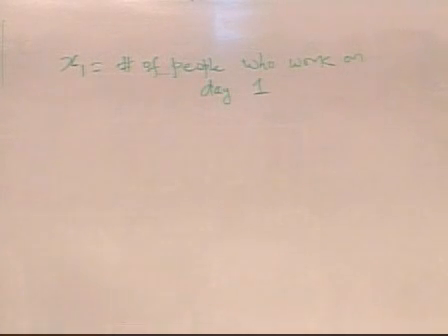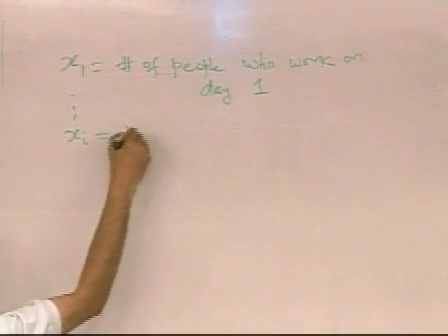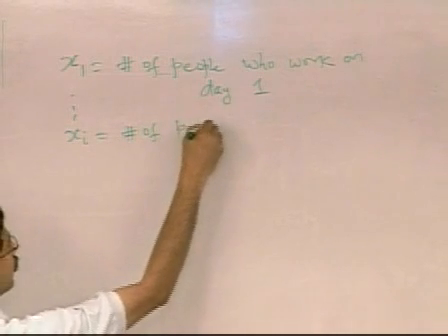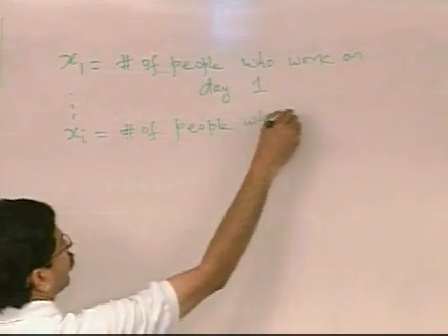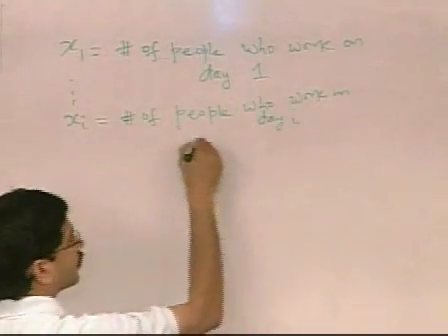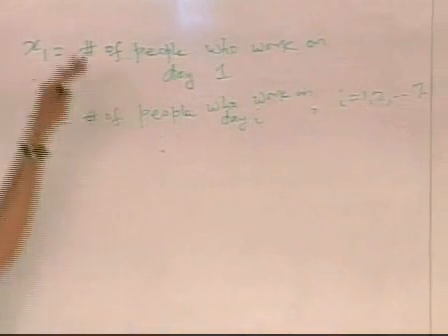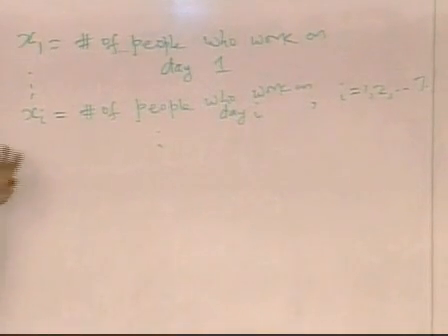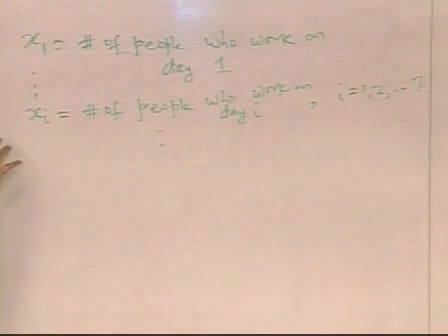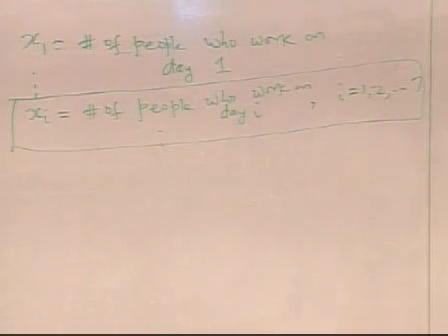And in general, xi is going to be the number of people who work on day i. Instead of writing 7, you can just write this. This is just notation, a short form saying that you have 7 of these. So these are your decision variables, and then what happens? What's your objective function?